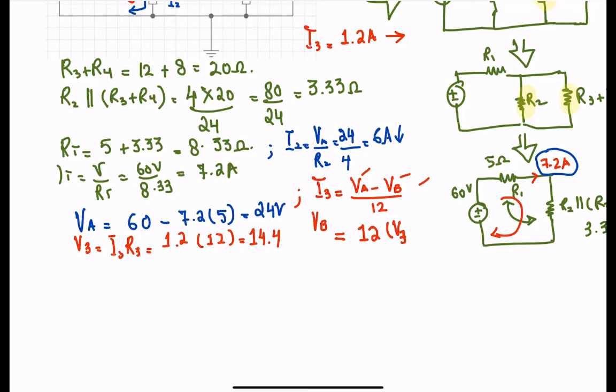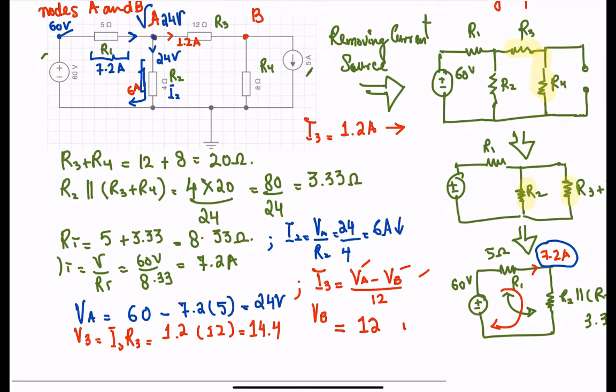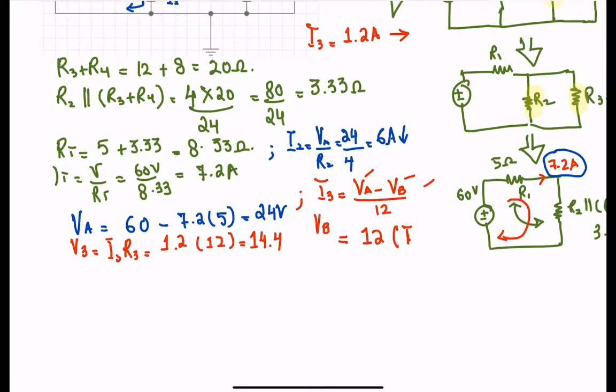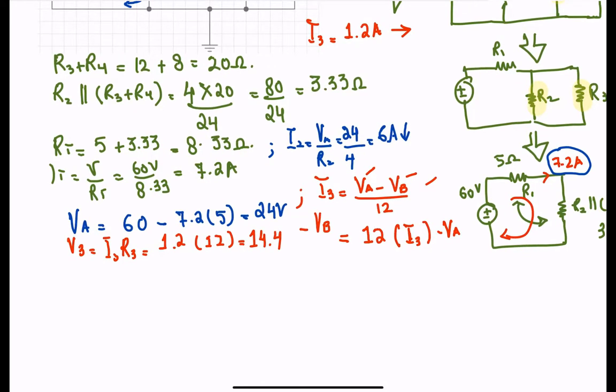So we are trying to get an equation for VB, which would mean 12 times I3, and then you're going to have minus VA, and then this will be minus VB here.